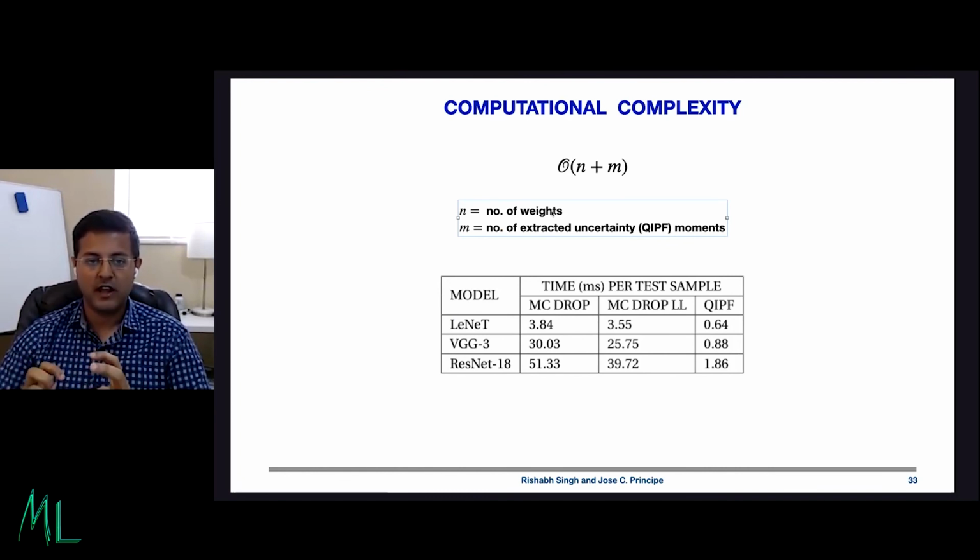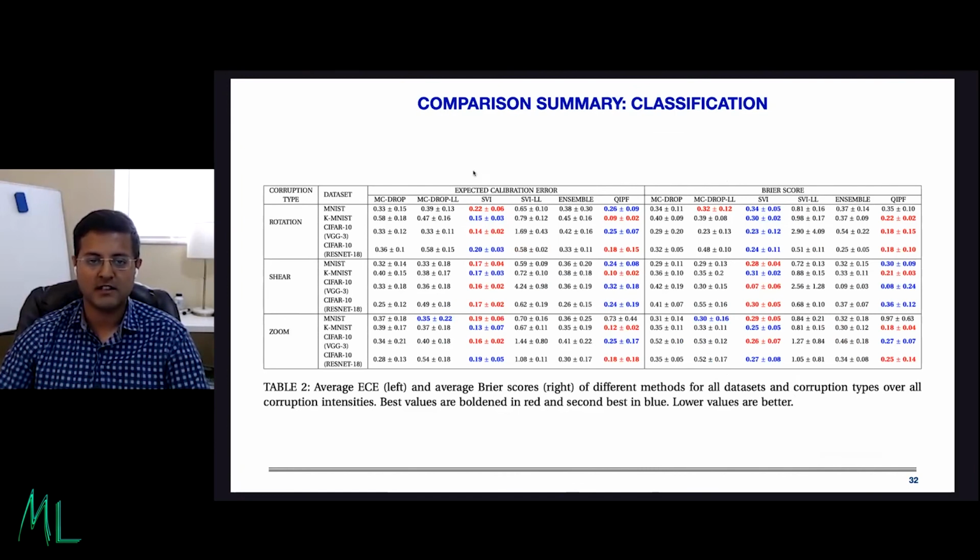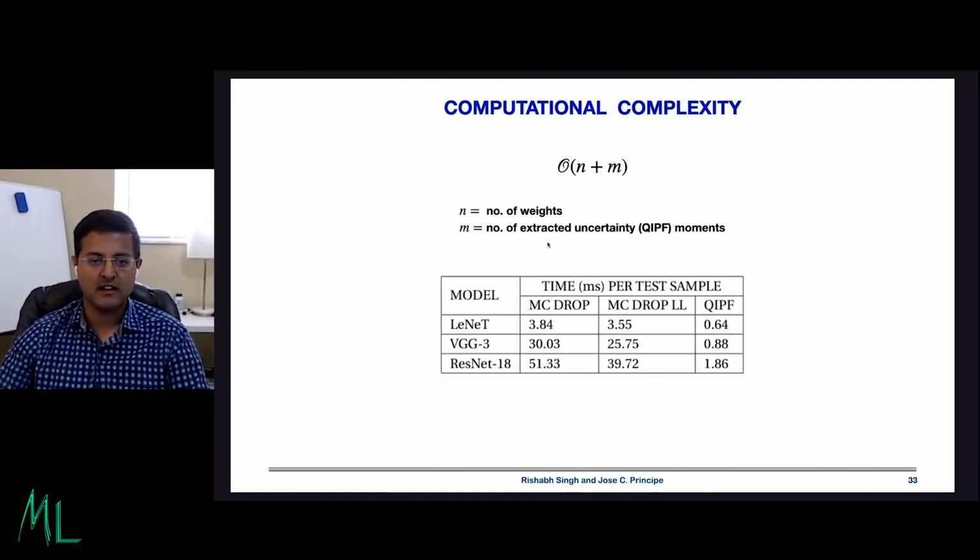But we do average pooling, and we effectively reduce the value of n to a very low value that makes the algorithm very fast without sacrificing the accuracy. All of these results that I've shown you are over average pooled weight values, so I'm not using all of the weights in these examples.